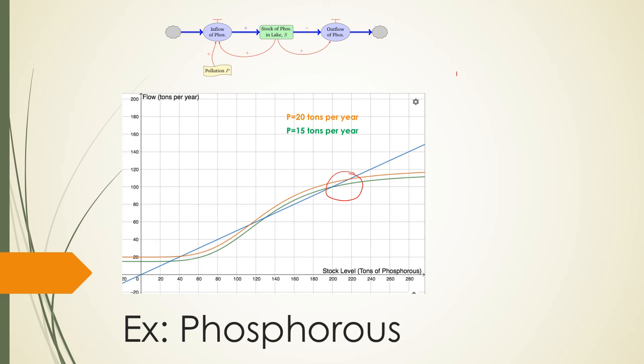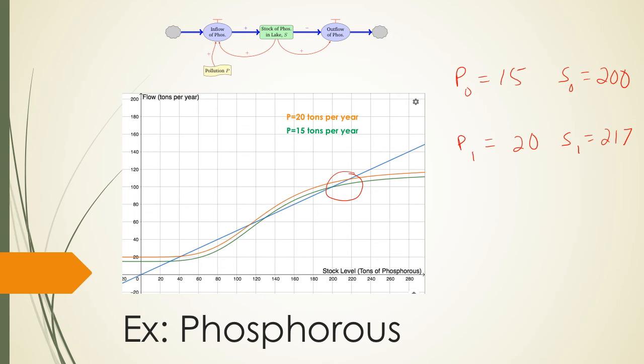So we have P0 is equal to 15 and S0 is equal to 200. When P equals 20 tons per year, the equilibrium occurs at roughly 217 tons. So we get P1 is equal to 20 and S1 is equal to 217.